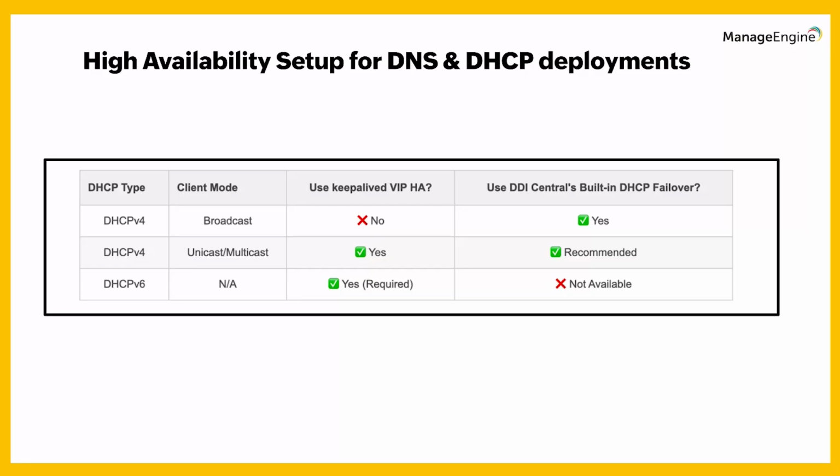So in order to avoid those problems, we would recommend using DHCP HA setup only for DHCP v4 in unicast and multicast mode, and especially for DHCP v6.